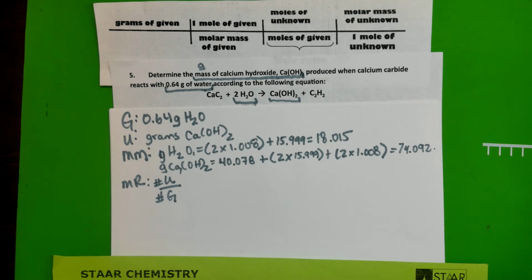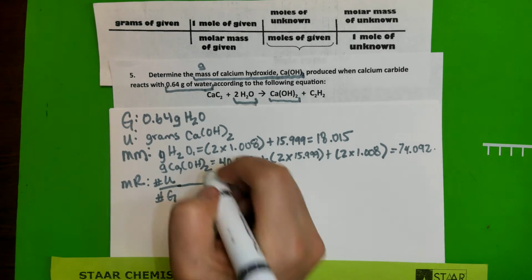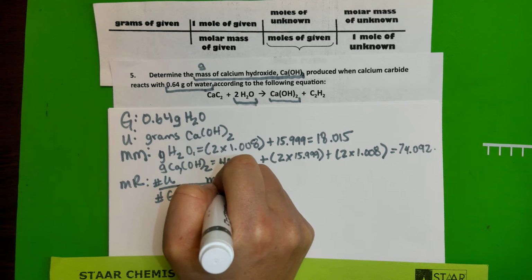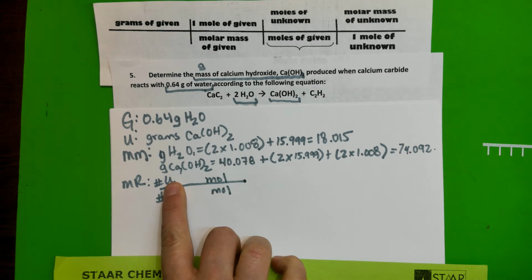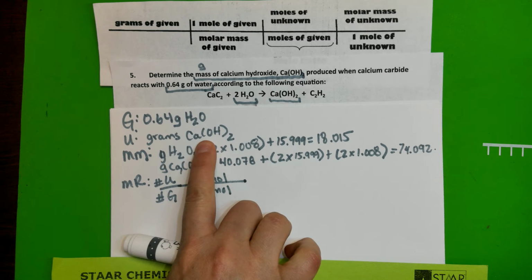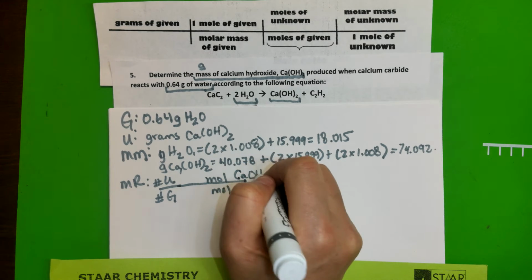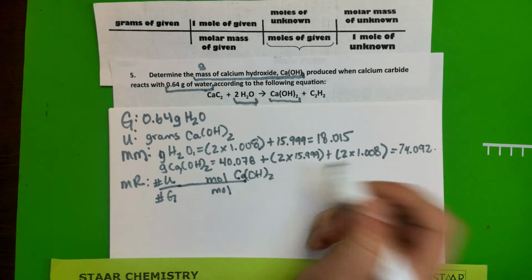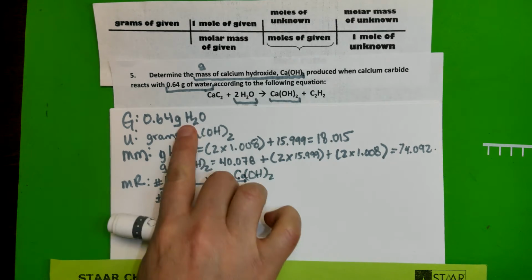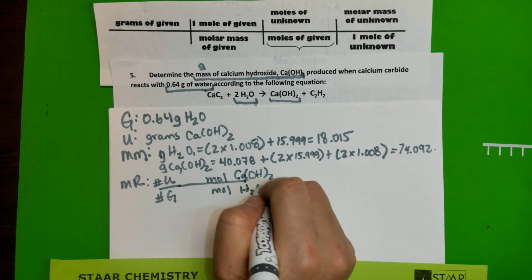Now let's go to the mole ratio. Keep in mind the mole ratio, again, is mole over mole. Your unknown is calcium hydroxide, and your given is water.